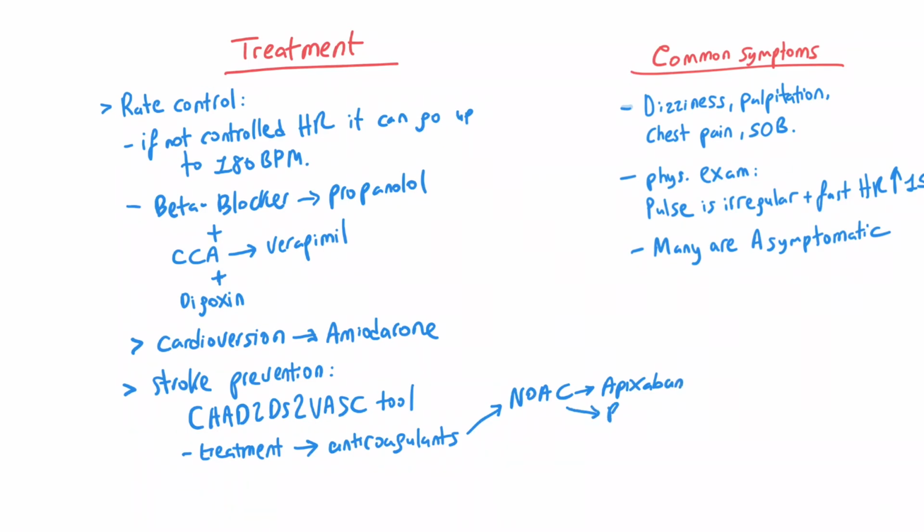The common one you will see is Rivaroxaban. I'm really butchering these names. And if it's an elderly patient, they'll probably be on warfarin. Each one of them has its own risks, pros and cons. But yeah, this is the main thing you should know about AF.